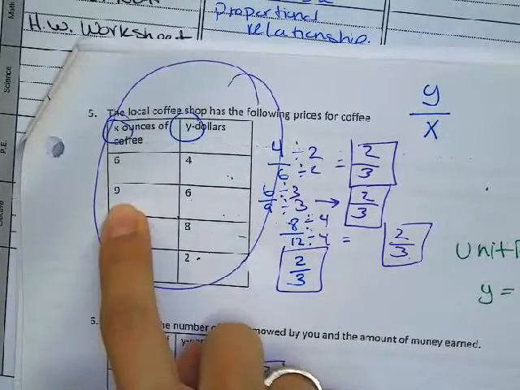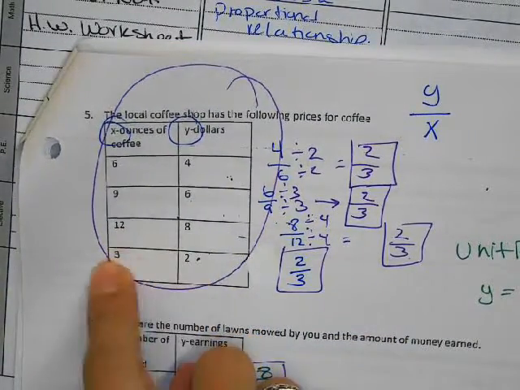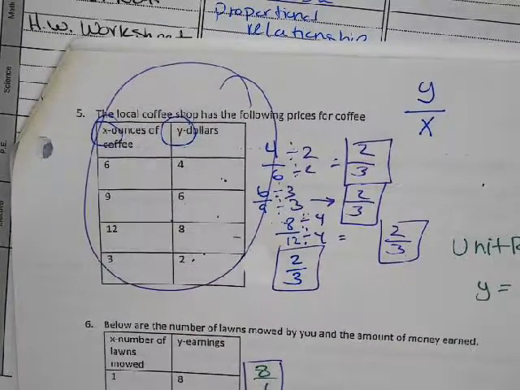All right, what about number 5? These are your ordered pairs for number 5. 6, 4, 9, 6, 12, 8, 3, 2. So graph these points.